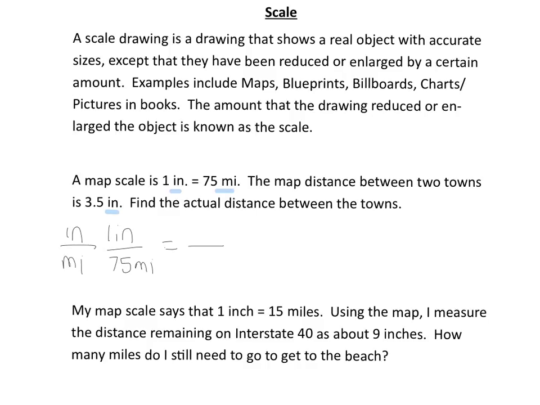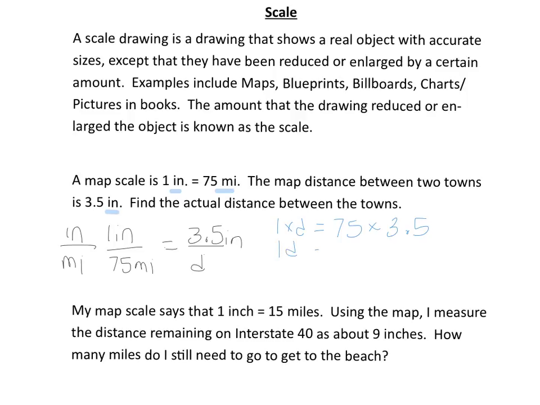So what we want to know is, if they're 3.5 inches on the map, what's the actual distance? So we have 1 times d and 75 times 3.5.